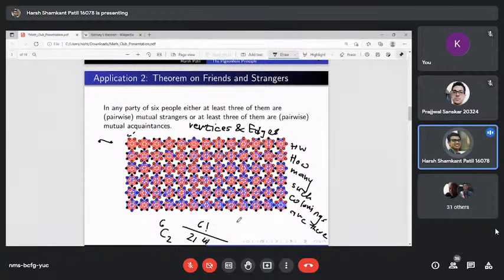That would be 6 times 5 divided by 2, which is 15. Right. And for every edge, you can either color it blue or red. So 2 to the power 15 possibilities are there. Right.